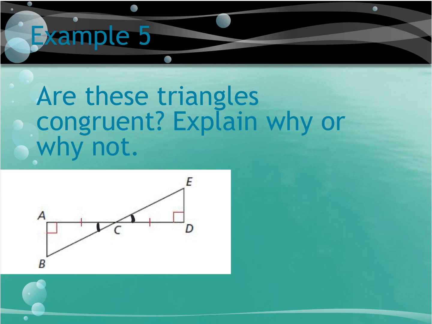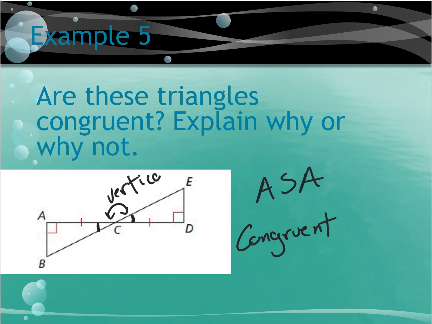Since that is one of the theorems that we have used, it is congruent by ASA because of these angles that are vertical angles. If it weren't because they're vertical angles, we would not be able to prove that this is congruent, but because of the vertical angles, we can.